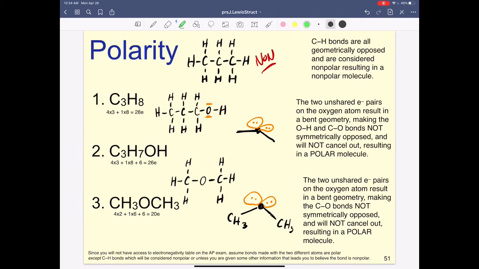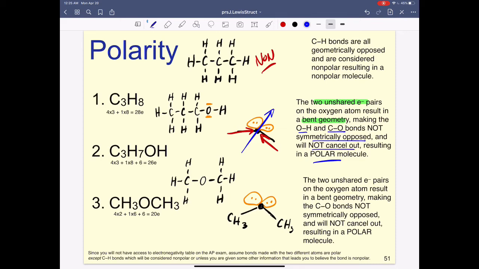Those 4 domains, including the 2 unshared pairs, will result in bent geometry, with polarity in the direction of the oxygen, and this molecule will be polar. The polar O-H bonds and C-O bonds will not be symmetrically opposed and will not cancel out.